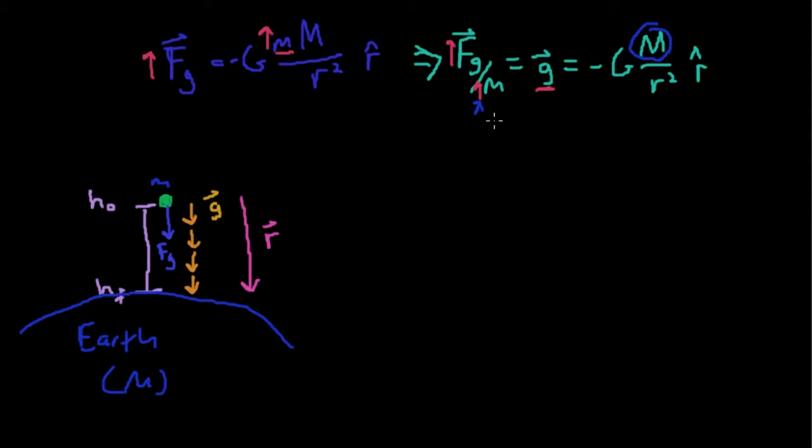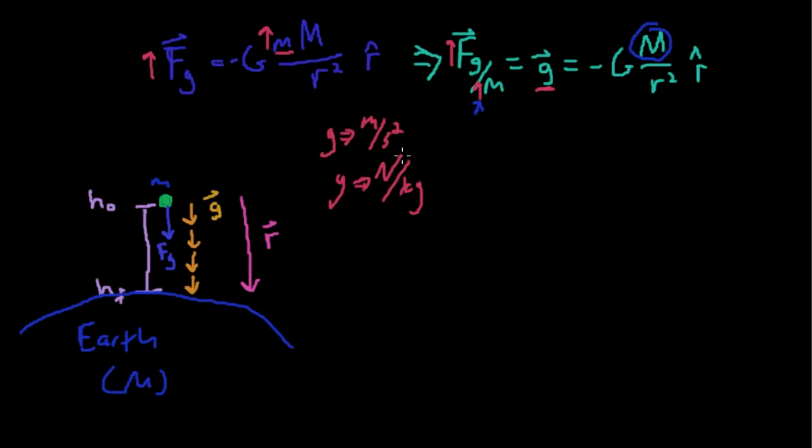Now here's where things start to diverge a little bit. I can actually rethink this completely. So previously we had said g is meters per second squared. And that's all well and good, right? But there's more to it than that. This g is actually, or at least it can be written as, newtons per kilogram.